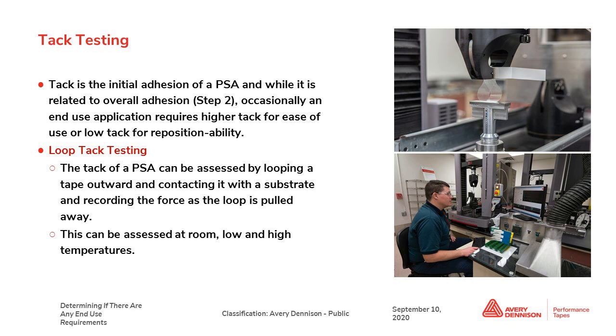So our chart will refer to higher tack adhesives. Conversely, we also have low-tack adhesives for repositionability. Sometimes end users are applying bigger parts in a slower way, and when they're applied, they didn't like how it was applied, so they want to be able to pull it off and reposition it.